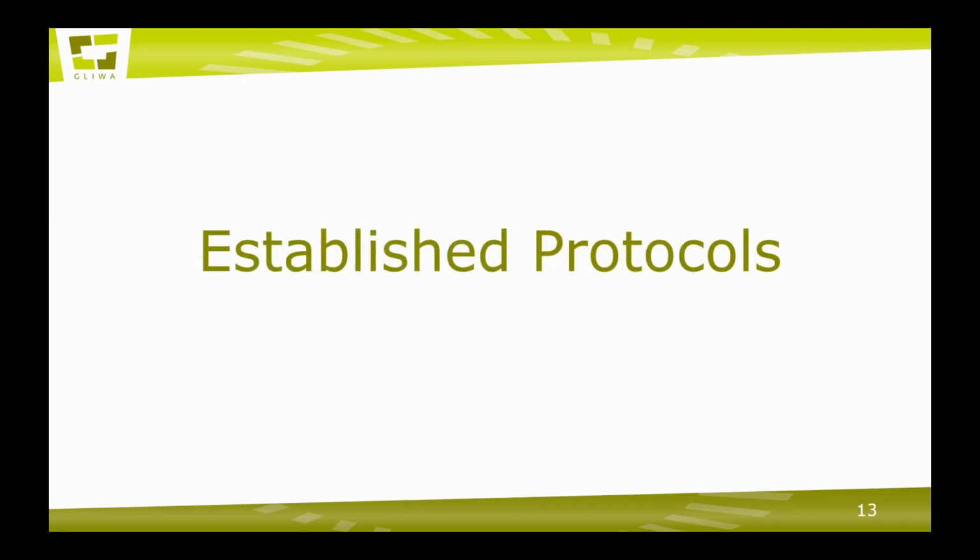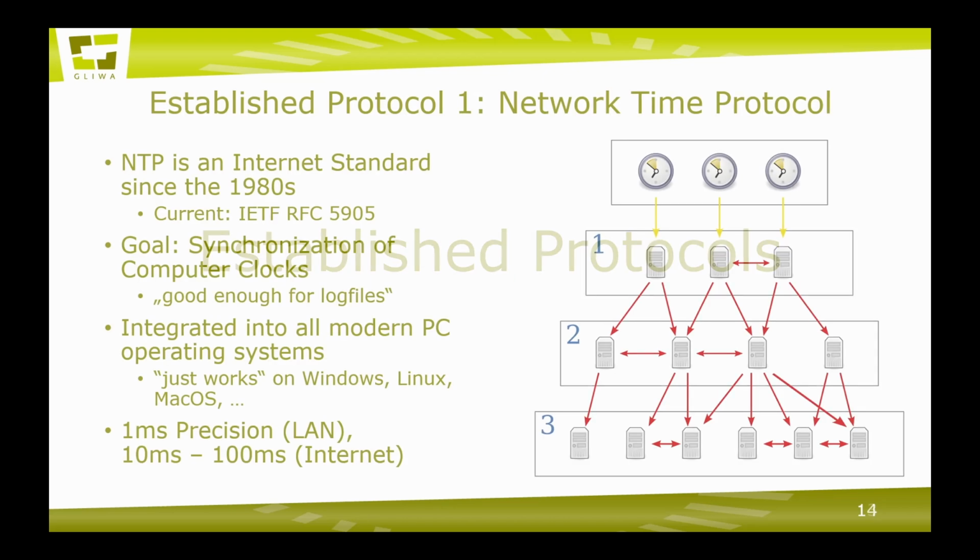Now let's take a look at established, available standard protocols. The first established protocol I'd like to introduce is the Network Time Protocol, or NTP for short. It's an internet standard since the 1980s. Its goal is the synchronization of computer clocks, the point being that the clocks on different computers in a network shall be synchronized so that it's good enough to compare log files from different computers and get a sensible overview of what is going on in your network.